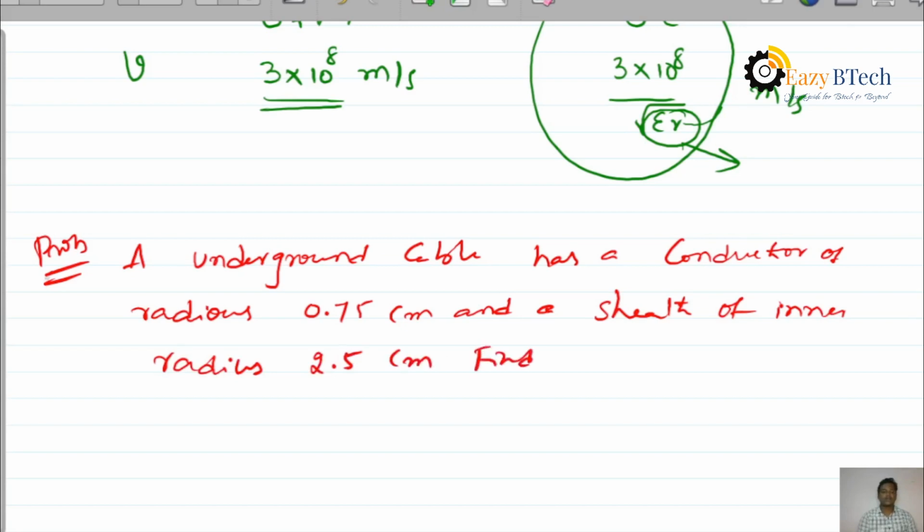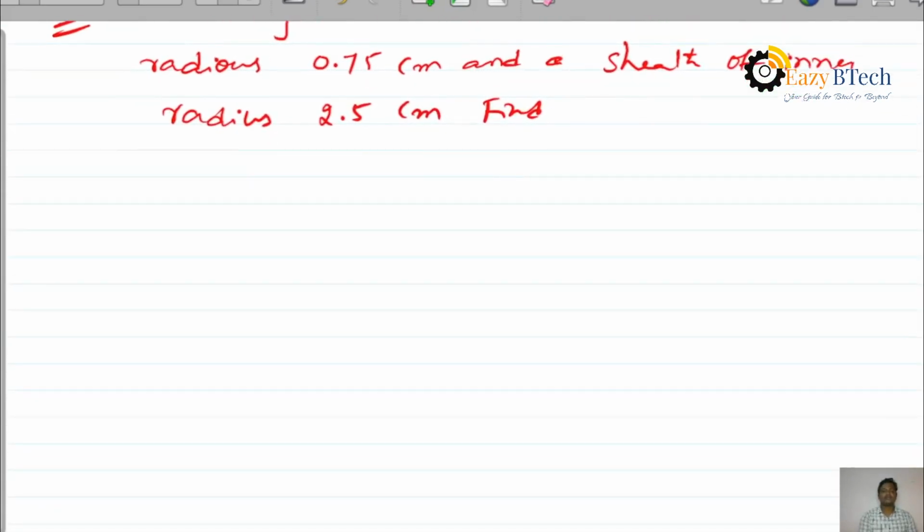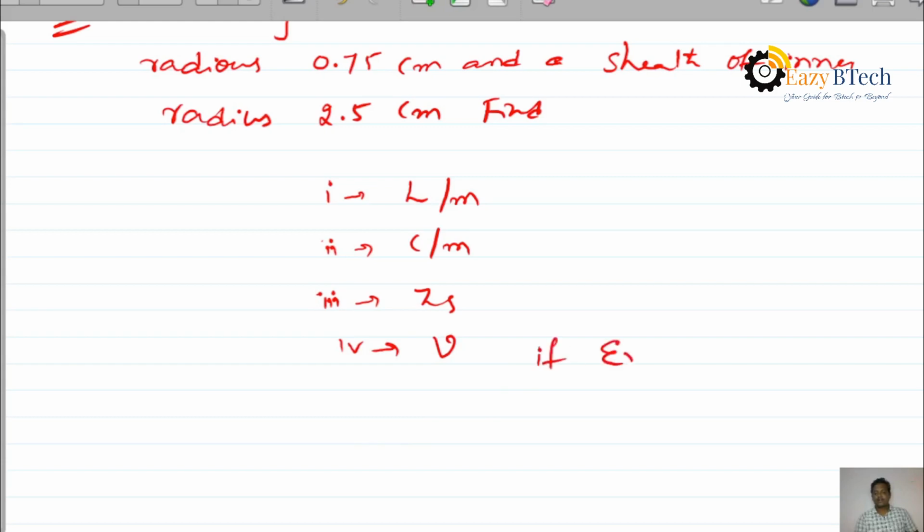Here you have to find: the first one is inductance per meter, second one is capacitance per meter, third one is surge impedance, and fourth one is velocity of the wave, if the relative permittivity of the insulation is equal to 4.